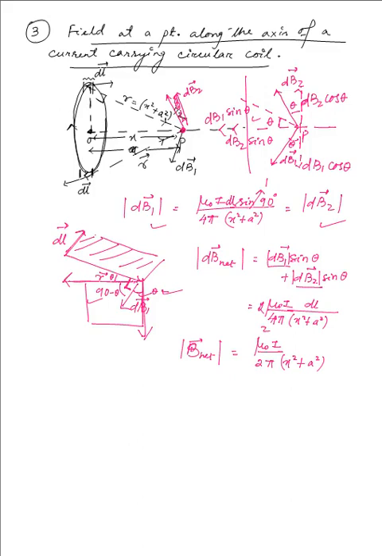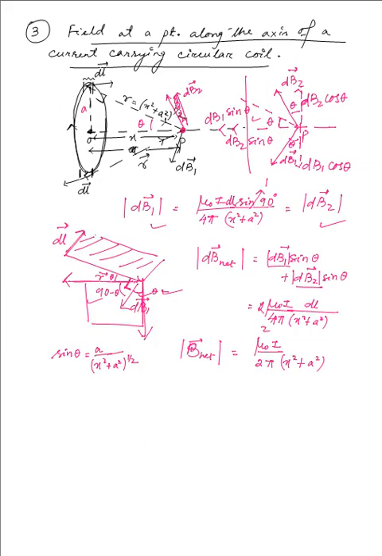And well, the sine theta, as you can know, we can take the point anywhere we like, and in that case the value of theta keeps on changing. So for that sine theta that we have over here, in the first figure that we have, the sine theta is going to be the perpendicular, that is the value a, divided by the hypotenuse, that is x squared plus a squared under root.